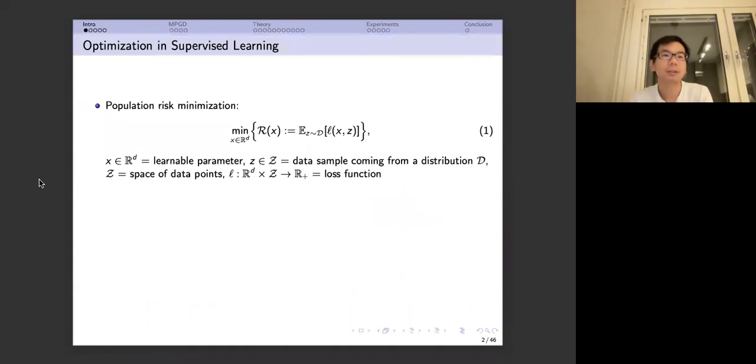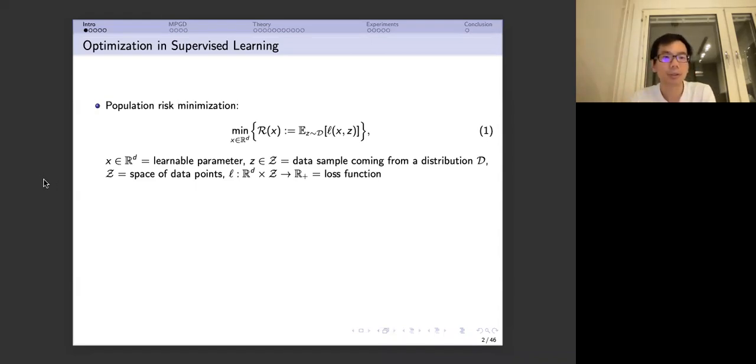Okay, so let me start with some background. The motivation for introducing multiscale perturbed gradient descent comes from the setting of optimization in supervised learning.